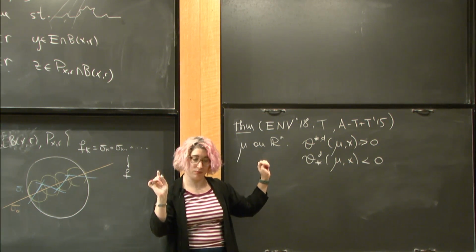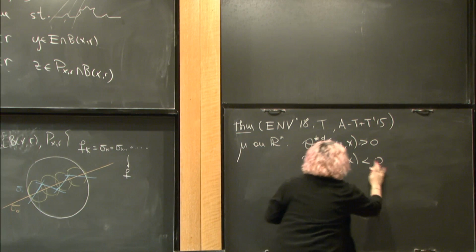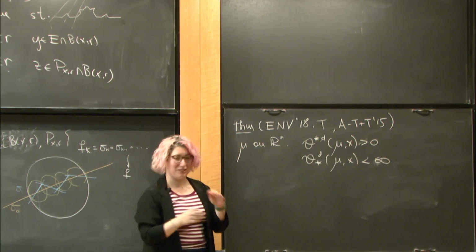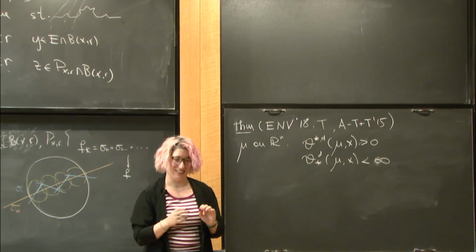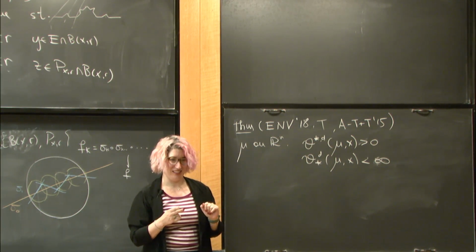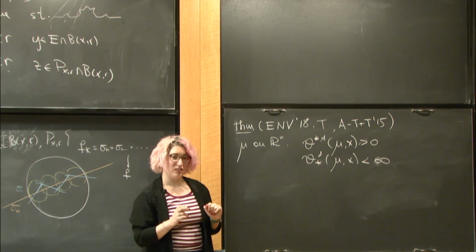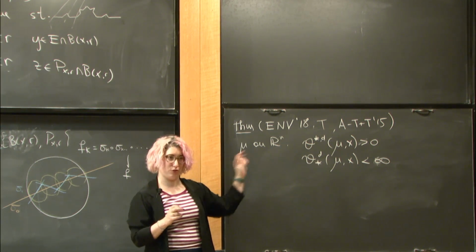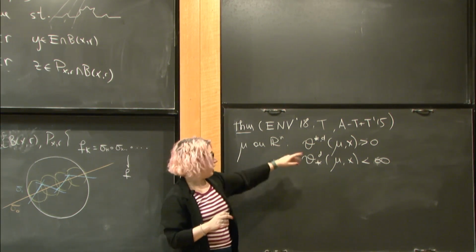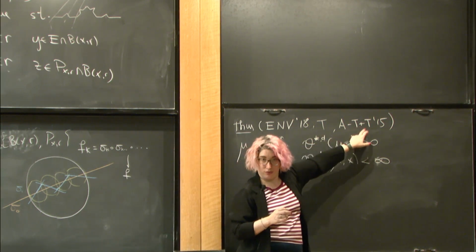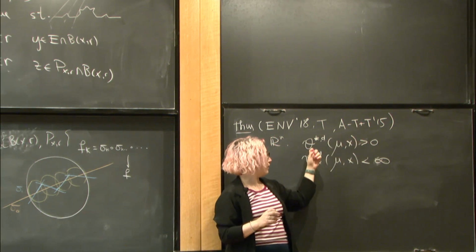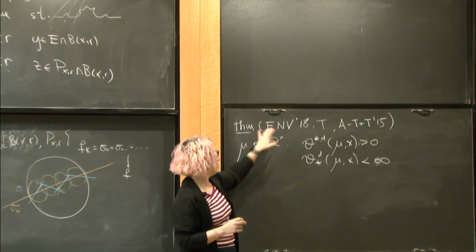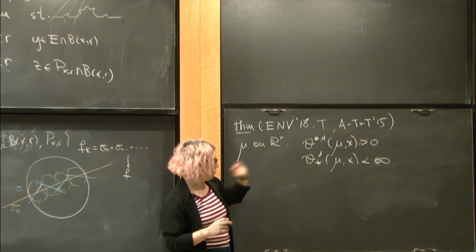So they have positive and finite upper density, which is slightly stronger. And then Edelen, Naber and Valtorta, but okay, we'll talk about that.